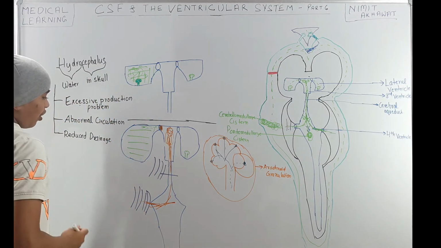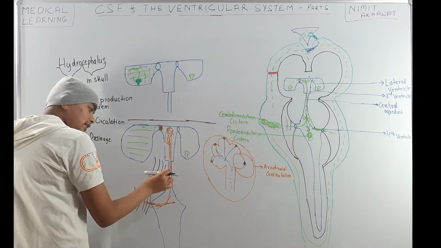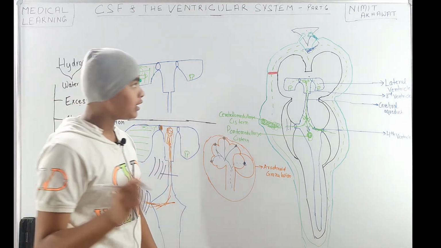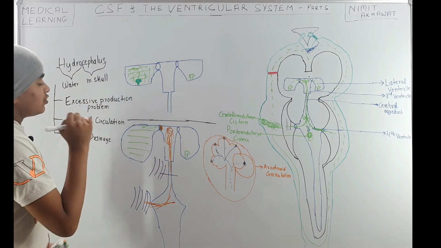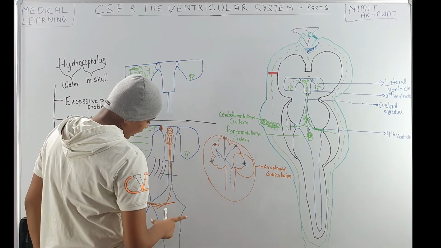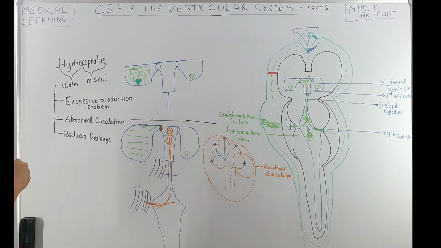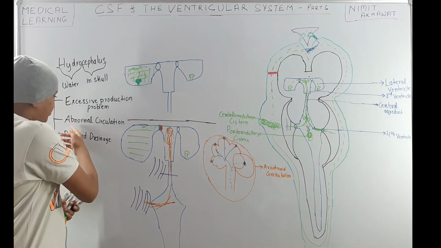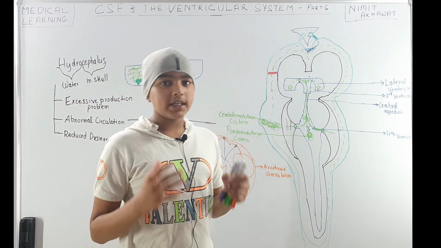The next major cause is cancer or a tumor developed in the brain substance that compresses and blocks the cerebral aqueduct, and when the cerebral aqueduct is blocked, it does not allow cerebrospinal fluid to pass through and enter the fourth ventricle.